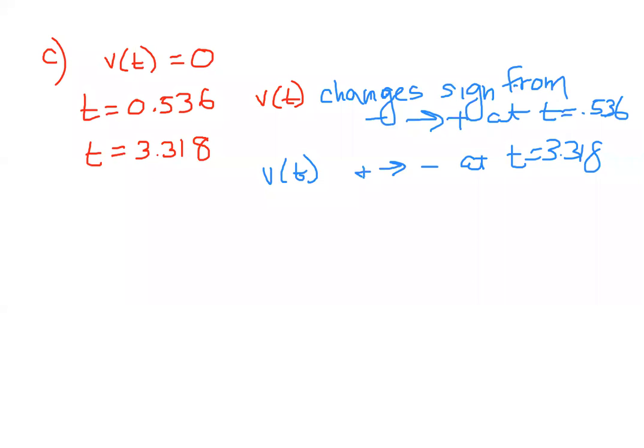Therefore, the particle changes direction at both of those spots. So you get 1 point for setting it equal to 0 and 1 point for your conclusion.